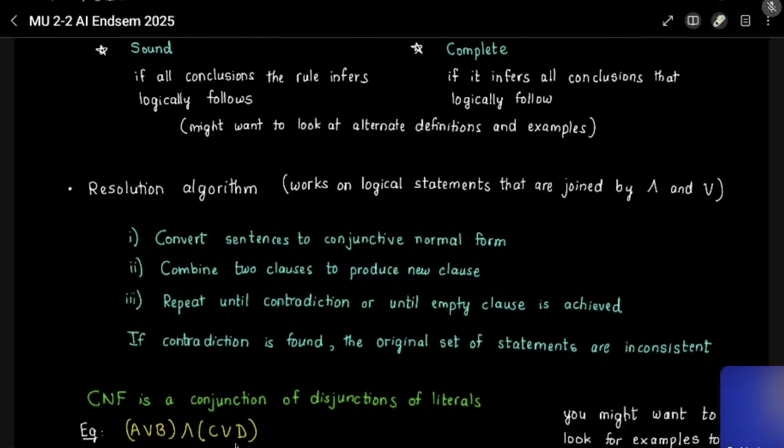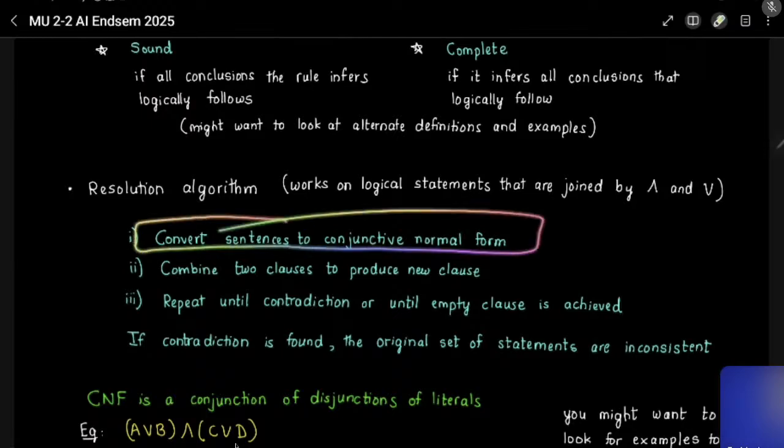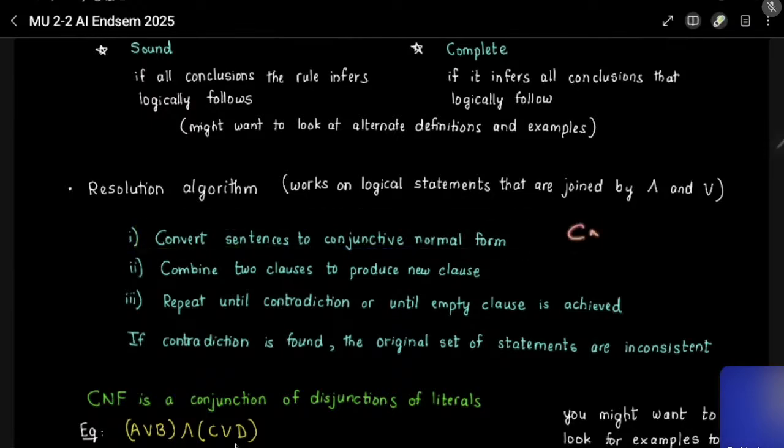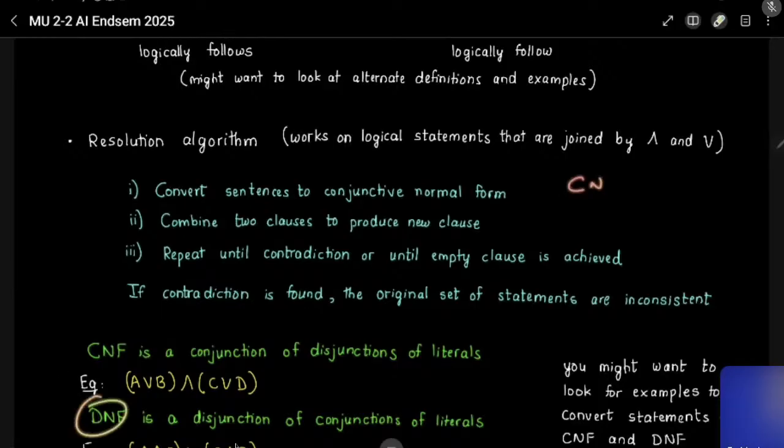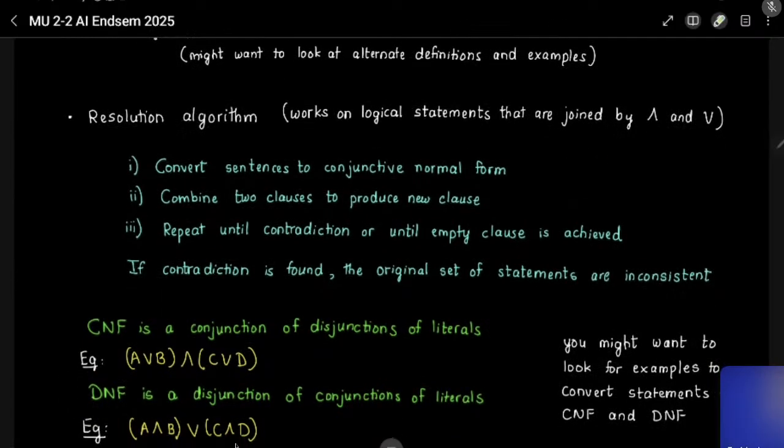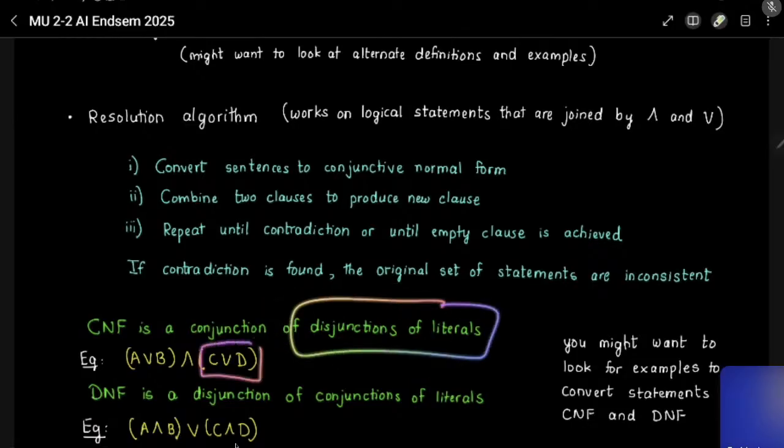You have to convert sentences to conjunctive normal form, so CNF, and there's something called DNF as well. That's a different thing. So first, let's look at what is conjunctive normal form. Conjunctive normal form is nothing but a conjunction of disjunctions of literals. So let's say you have literals A, B, C, D. Disjunctions of literals means you just have statements where literals are separated by an or, and such statements you're joining with an and.